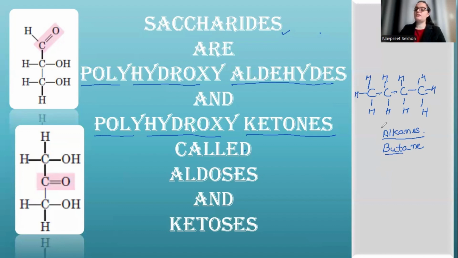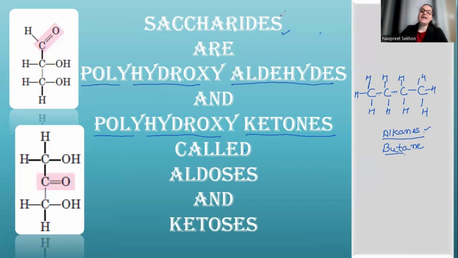Three, prop. Four, but. Five, pent. Six, hex, seven, hept, eight, oct, nine, non, and 10, dec, like that. Over here, this is an alkane because there are all single bonds among the carbons, and the valencies of all these carbons are fulfilled by just the hydrogens. That's why this is alkane, and it is butane.